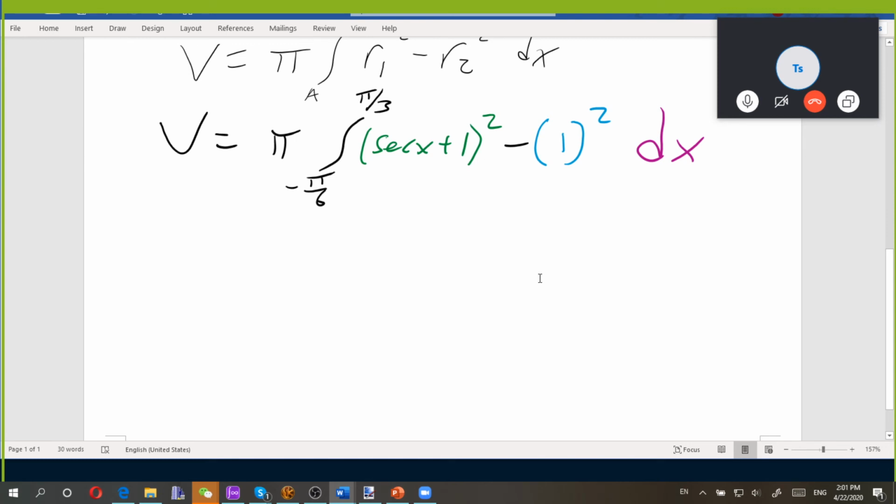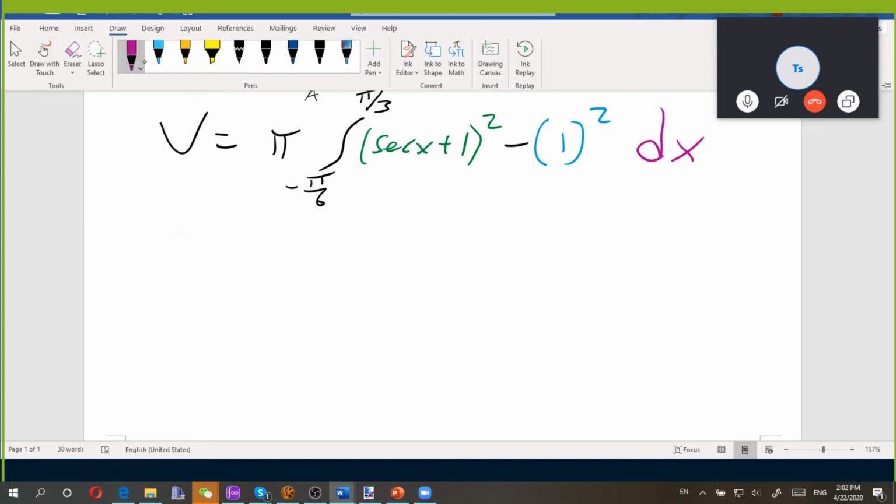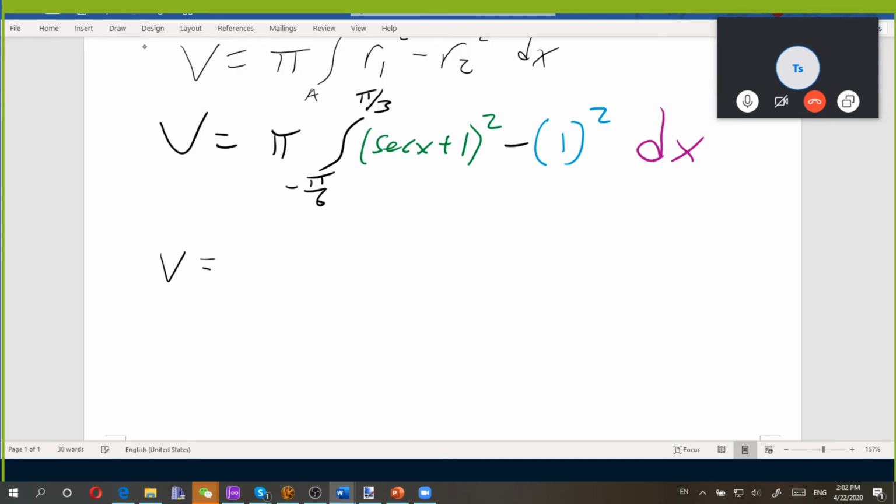Next in the order is Sarah. Sarah, what's going to happen when I square this? Okay, so I've got secant x plus 1 times secant x plus 1.